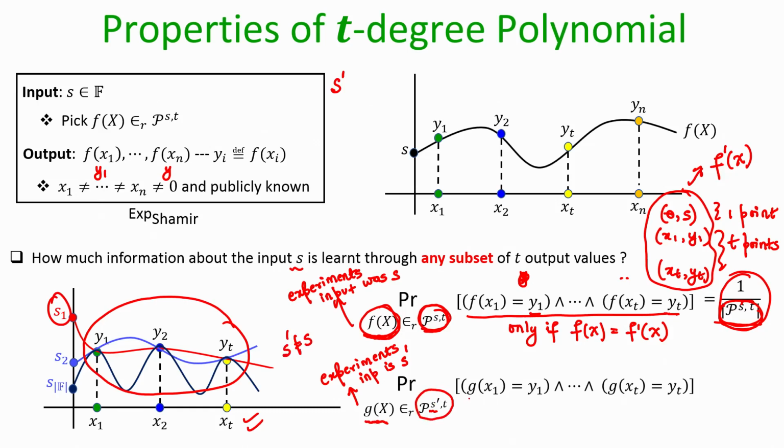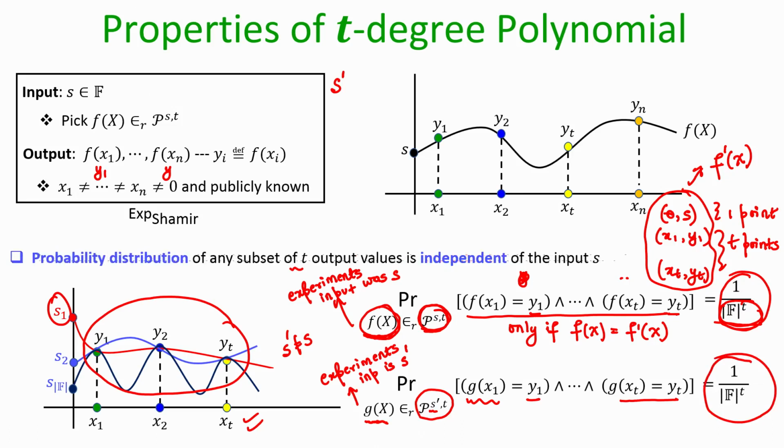But still you want to measure the probability of the event that a randomly chosen t degree polynomial whose constant term is s prime, when evaluated at x1 gives you y1, evaluated at x2 gives you y2, evaluated at xt gives you yt. Again, because of the same reasoning that we have given just now, the probability of this event is also the same as the probability of the above event.